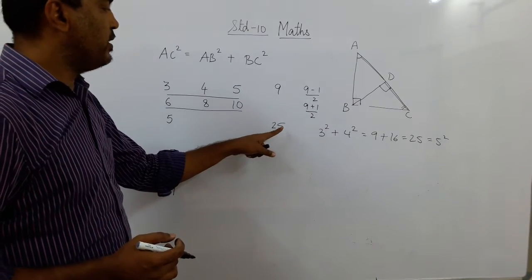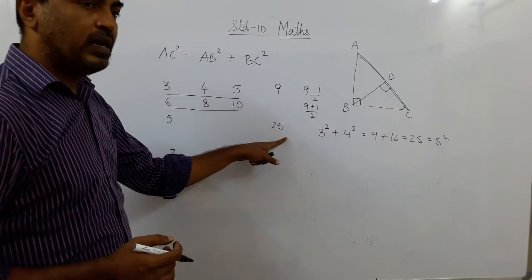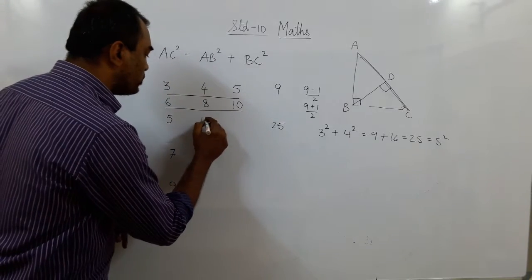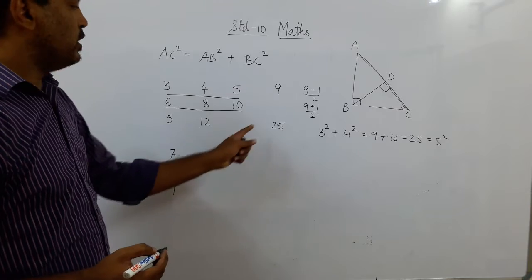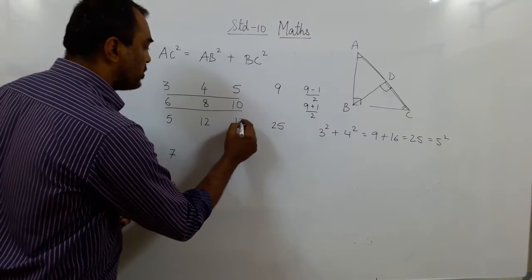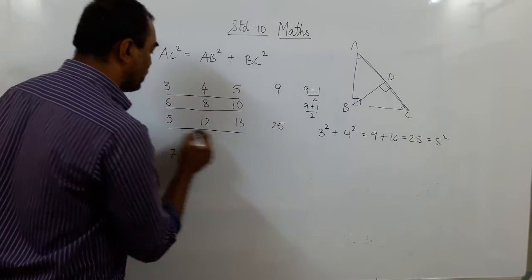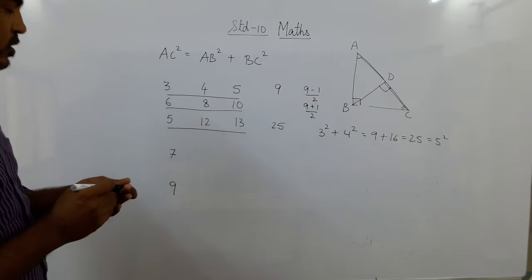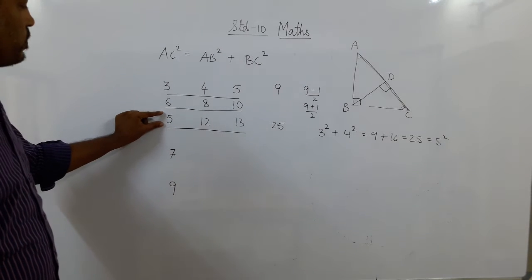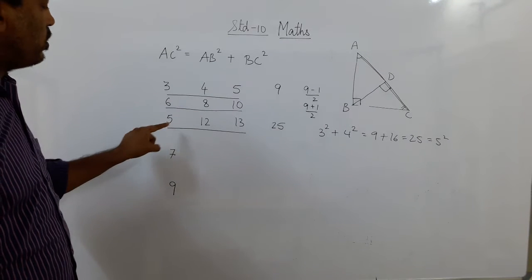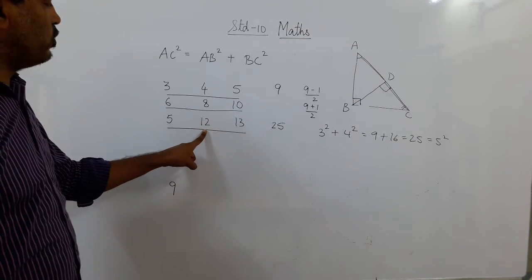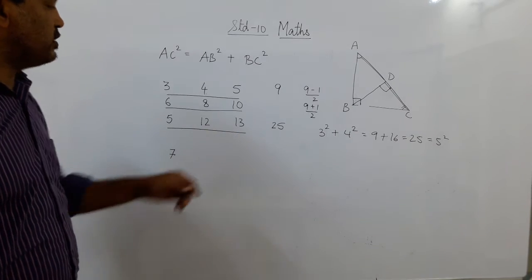So for 25, 25 minus 1 is 24, divided by 2 is 12. 25 plus 1 is 26. 26 divided by 2 is 13. So 5, 12 and 13 make up a Pythagorean triplet. Check it out. 5 square is 25, 12 square is 144, 25 plus 144 is 169, 13 square.